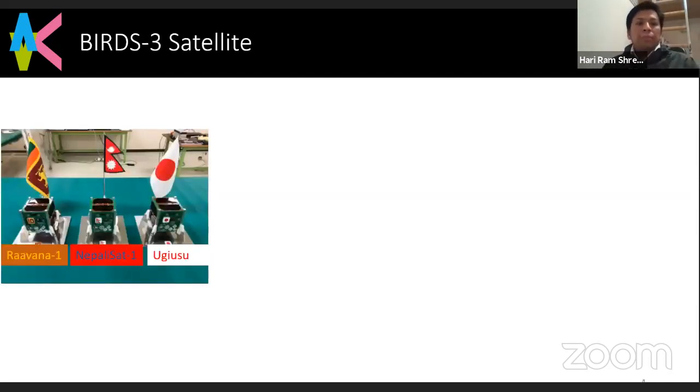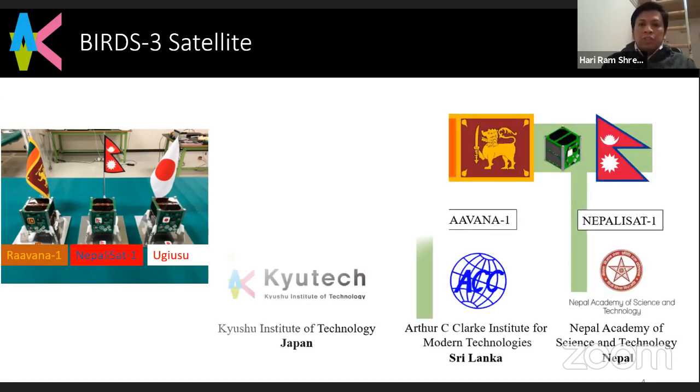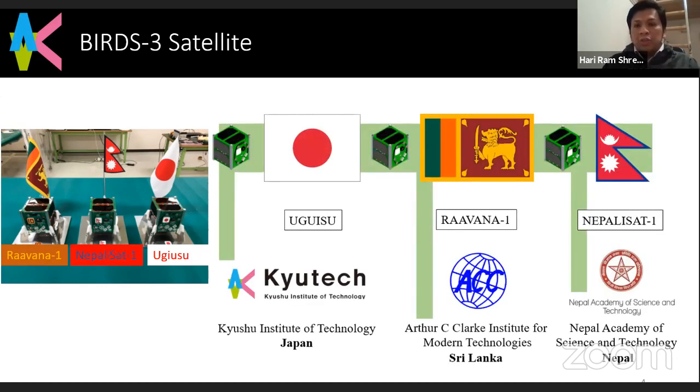This is the flight model of BIRDS-3. Raavana-1 is the first satellite for Sri Lanka, similar to NepaliSat-1, which is also the first from Nepal, and you can see it is a student project at KyuTech. We also say thanks to our stakeholders.